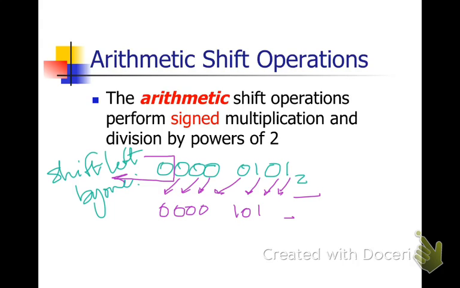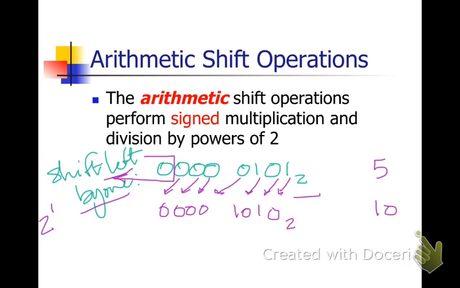All trailing bits are going to be cleared. Okay, so my result, this was a 5. When I shift it to the left by 1, it does the equivalent of multiplying it by 1 power of 2. Since it's a shift to the 1, I am multiplying by 2 to the 1, and my result is 10. Okay, pretty cool.